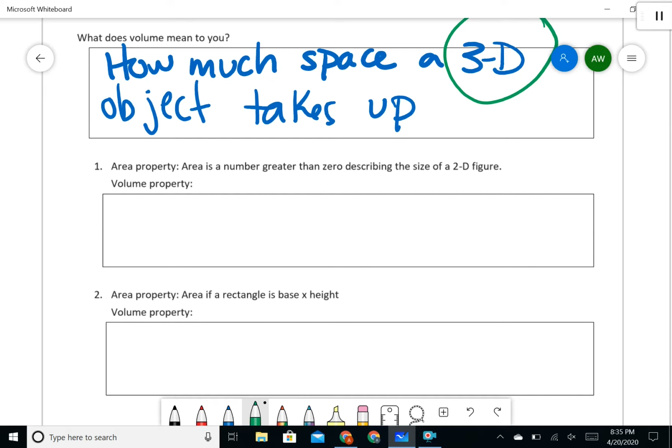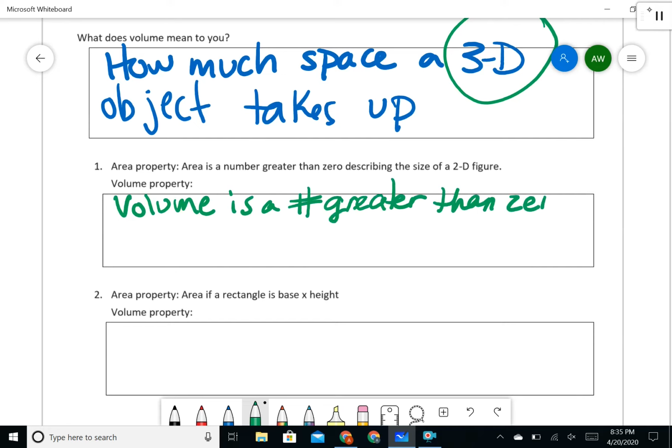So now, instead of talking about area, what if we take that idea and we talk about volume instead? In this case, we get volume is a number greater than 0. That just means that we can't have a negative volume or a volume of 0, right? Something that has volume has to have size.